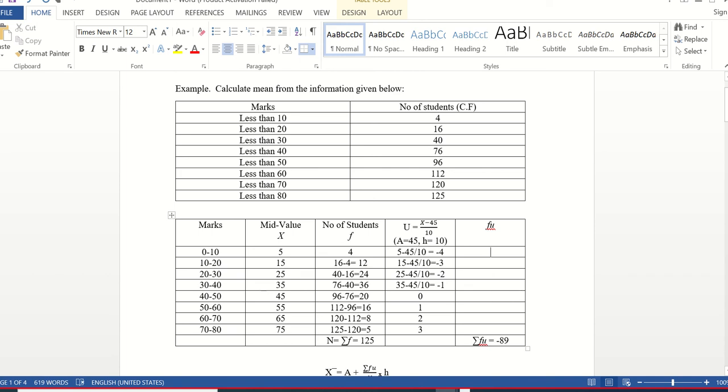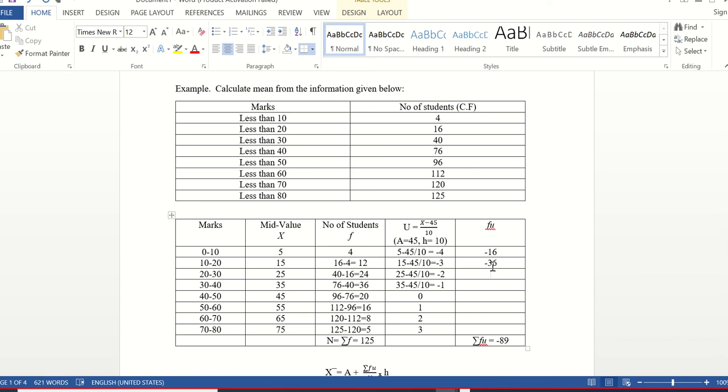Now we have f, the frequency, with us. We also have u with us, which we have calculated. Now we will multiply these two values, frequency into u. So 4 into minus 4 is minus 16. Then 12 into minus 3 is minus 36, right?